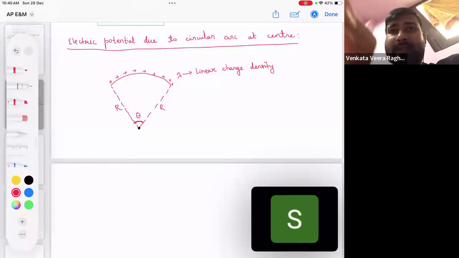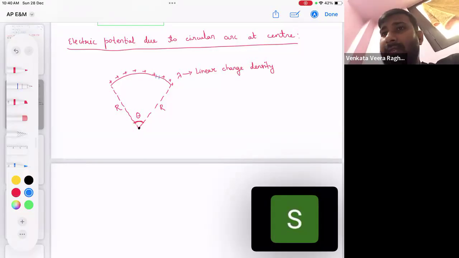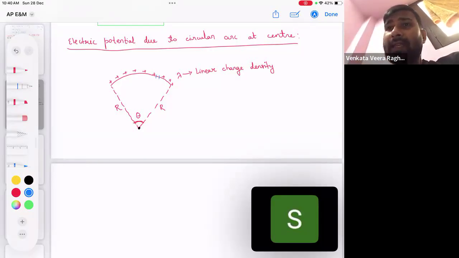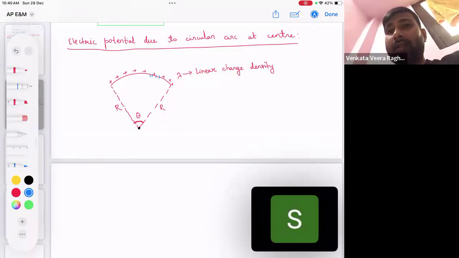See, any arc you consider, on this arc you consider any small element. It will have some charge dq. But look, every small element of the arc is exactly r distance away. So if you calculate a small potential at the center, how much will it come?